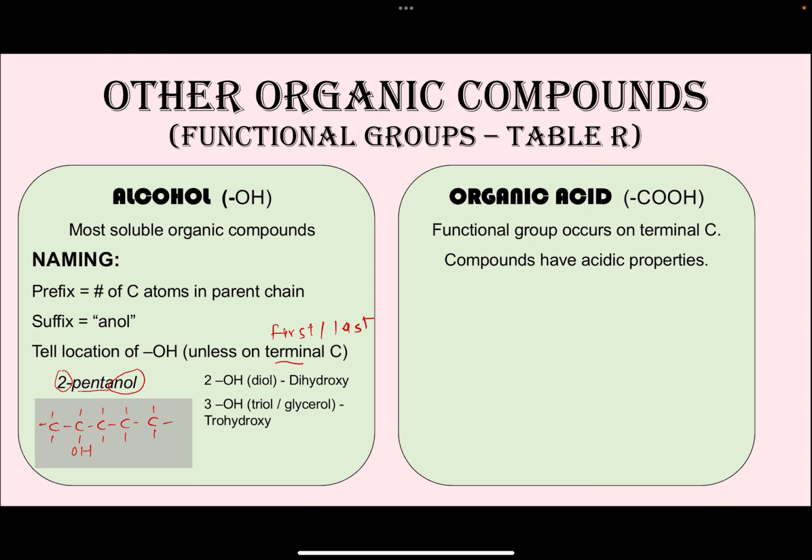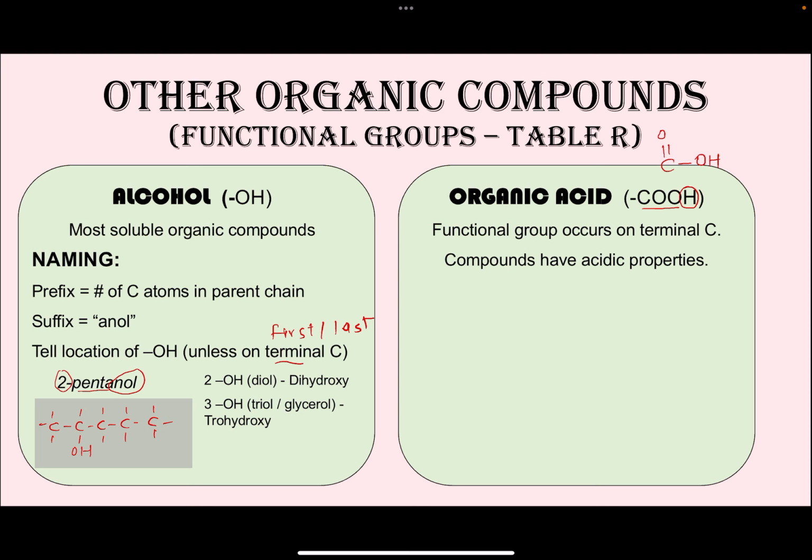Then we have an organic acid. So this is the functional group for an organic acid, which is normally whenever you see COO, that means carbon is double bonded to one oxygen and single bonded to the other oxygen. But in this case, we also have the hydrogen at the end, so that means this oxygen is an OH instead of just oxygen.